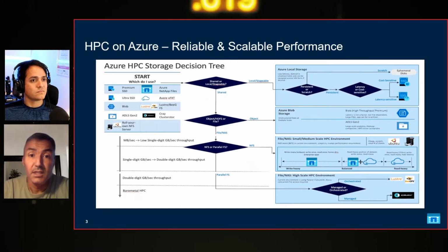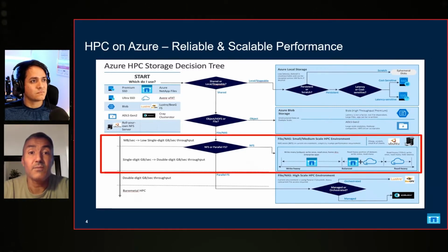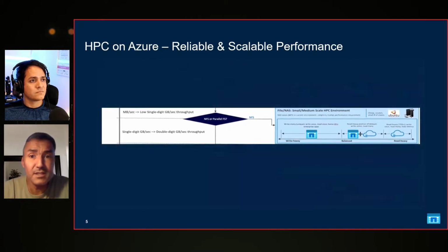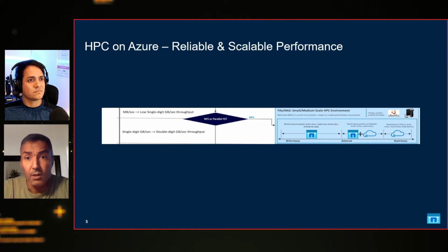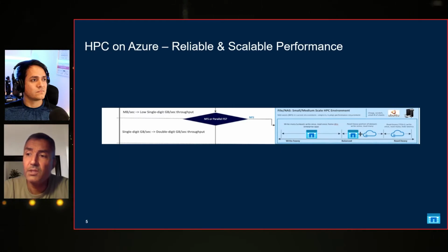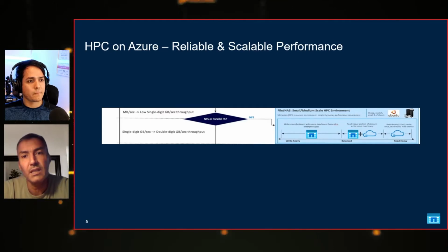So here comes Azure NetApp Files, and Azure NetApp Files fits with small to medium HPC workloads with low single-digit or double-digit gigabyte per second throughput. And what we noticed in our customers is that typical deployments for HPC workloads range from 500 to 5,000 compute nodes.